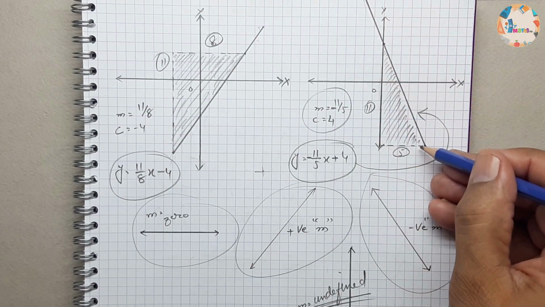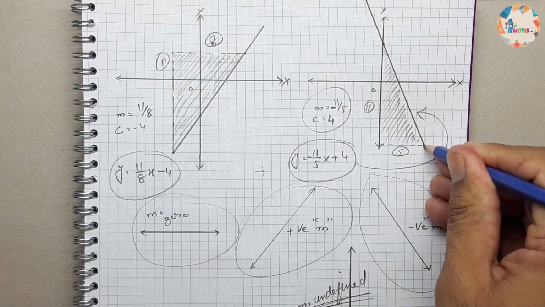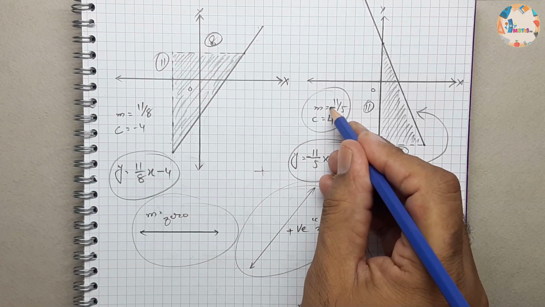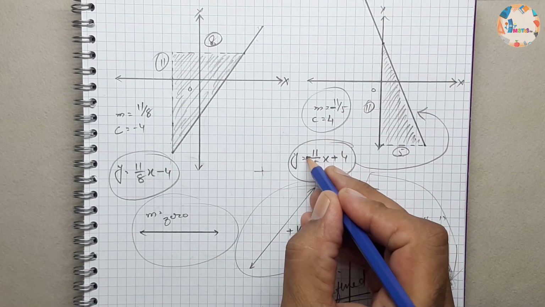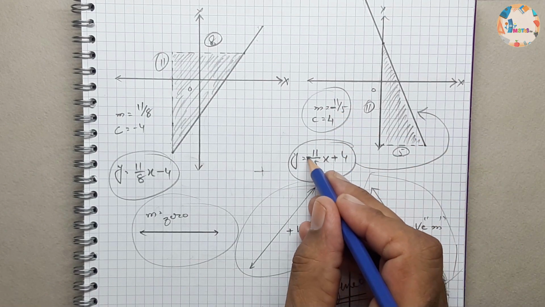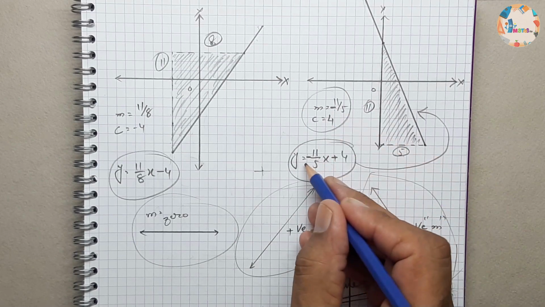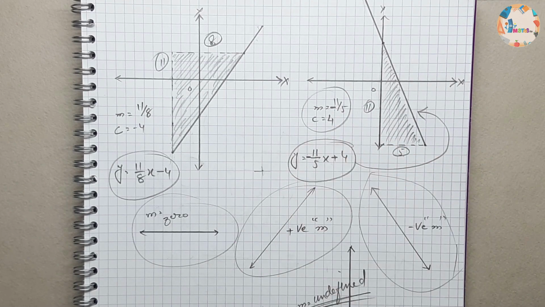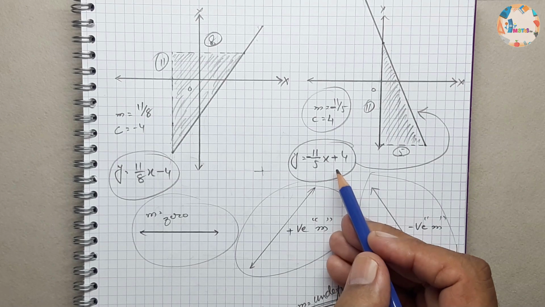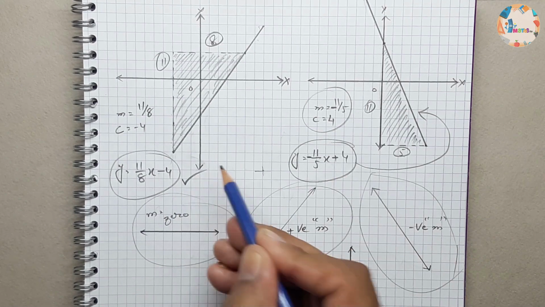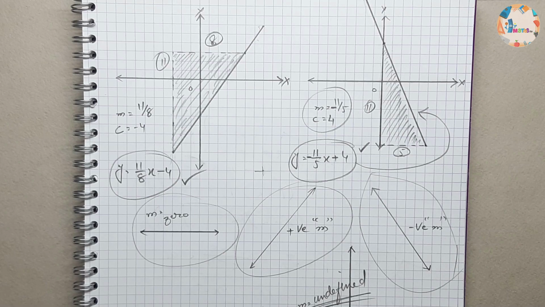Now this side is right side down, so with the m value we'll be just adding this minus, and if it is minus we'll be putting plus, so it will mostly be minus. So this will be our final equation, these two equations which we have done.